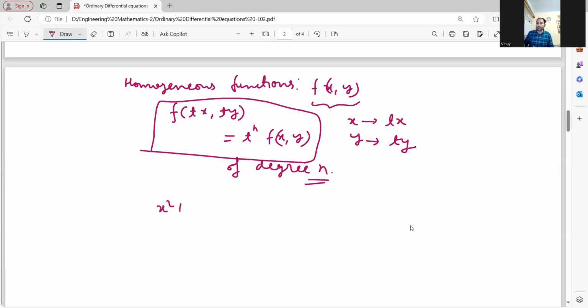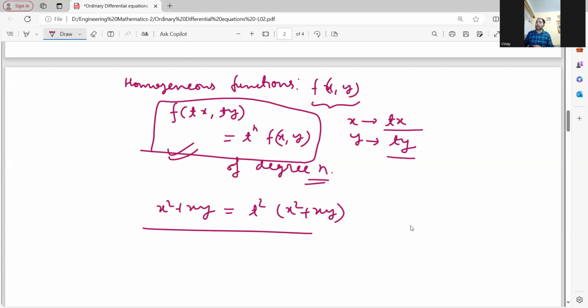I will give you examples. For example, x square plus xy. In place of x, you can write tx, and in place of y, you can write ty. What will you get? t square, and then x square plus xy. Compare this with the standard form. What is the degree of homogeneity here? This is 2, right?